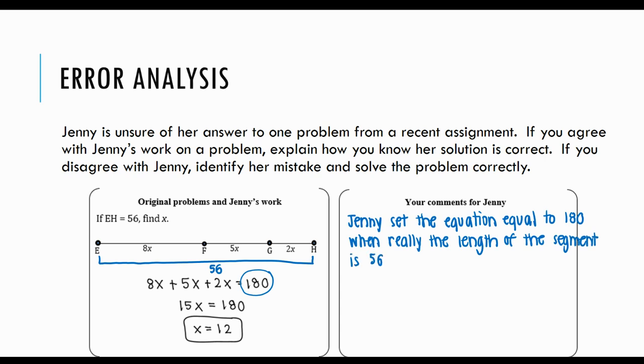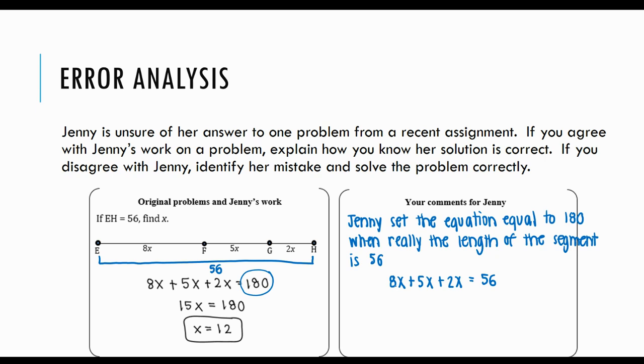That's the given information. We were given that EH is 56, not 180. So I'm going to redo now the problem and solve it correctly. I liked that she added up all of those pieces because they formed that segment of EH, but we know that EH is really a length of 56 instead.